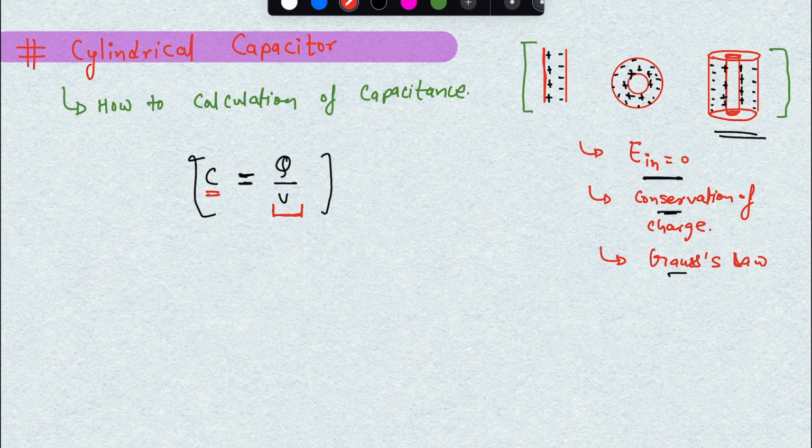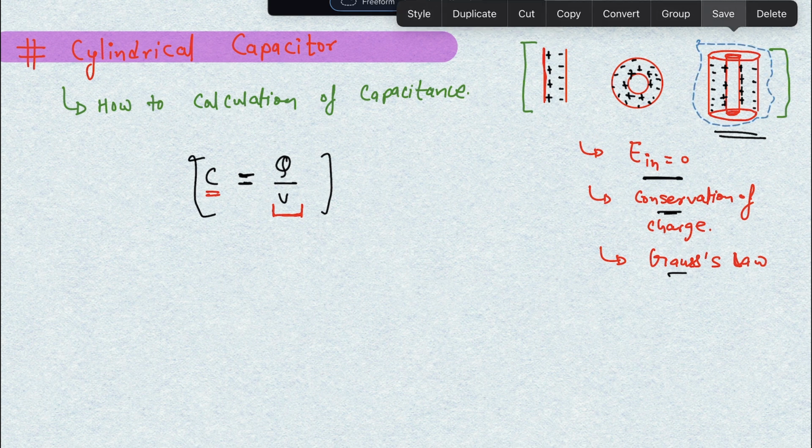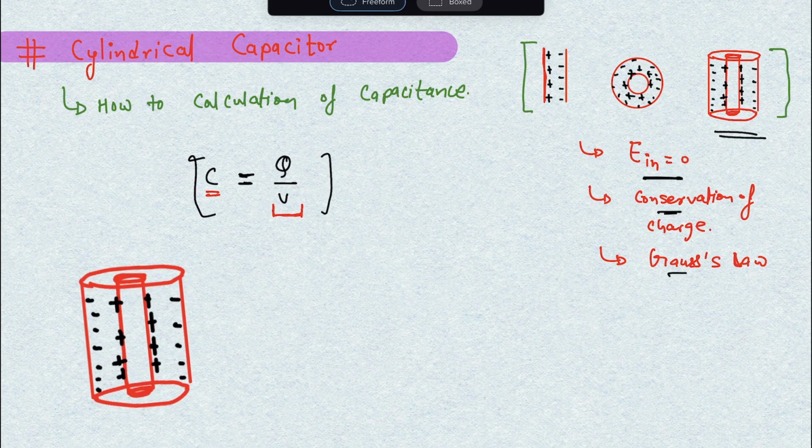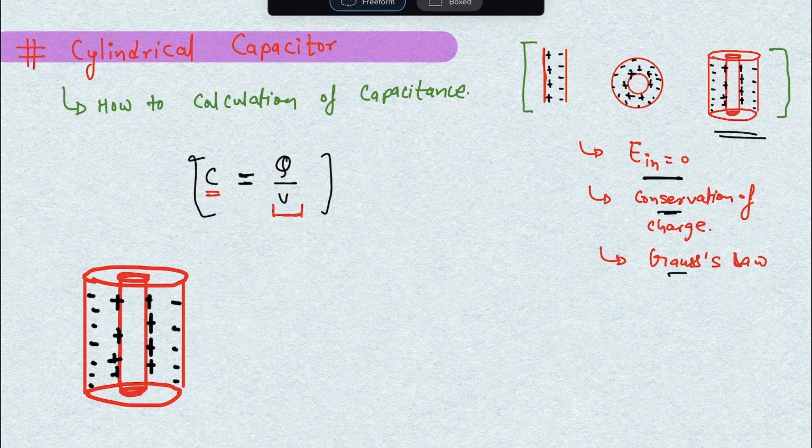For example, if I take this geometry, the cylinder, and I want to calculate the capacitance, the first thing you might think is, why don't we break it into series and parallel?